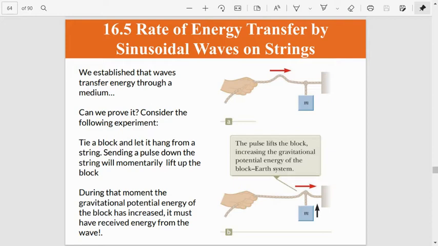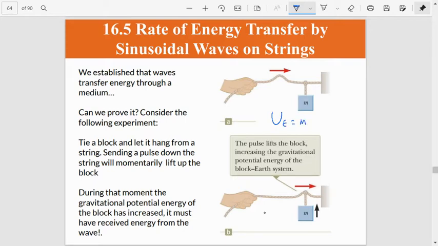Let's say you have a string tied to a wall and a free end. You shake the free end, sending a little pulse down to the right. Also, the string has a block hanging off somewhere along the string. And as a pulse passes through it, the block lifts up. So if the block lifts up, and we know the mass of the block, then it must be that the potential energy of the block must increase by however much vertical displacement it had, right?